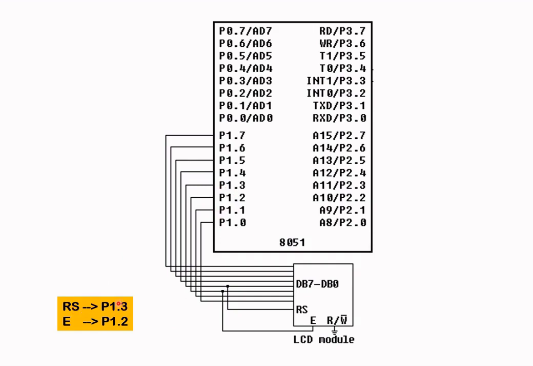The RS signal is connected to P1.3, which is this one here, and the enable E is connected to P1.2.